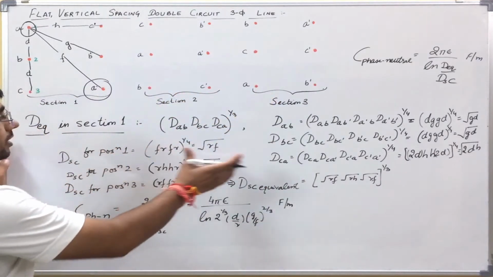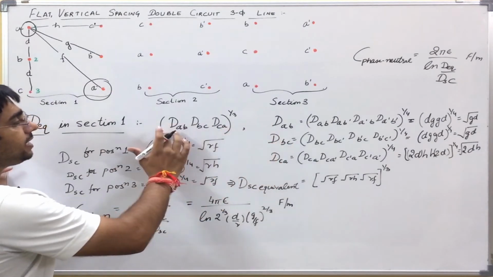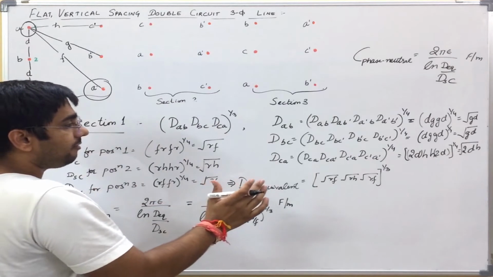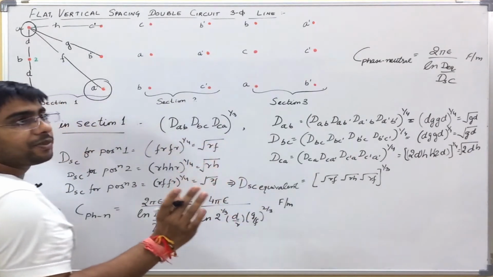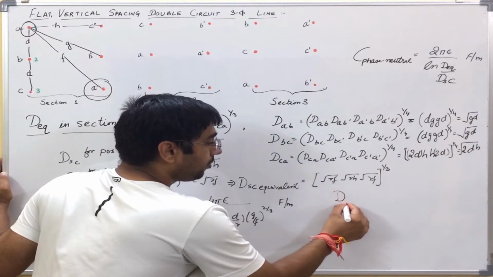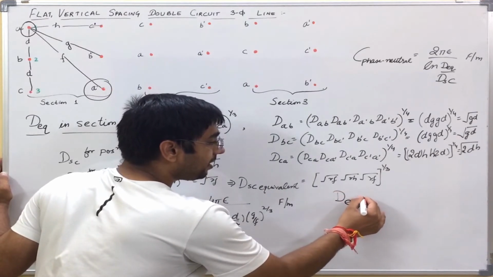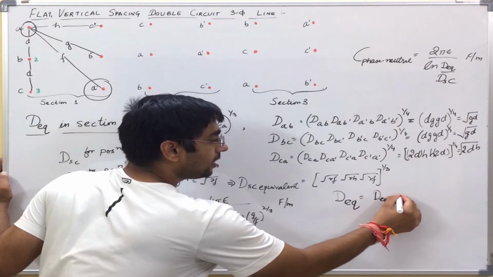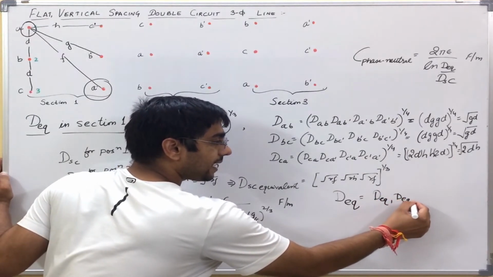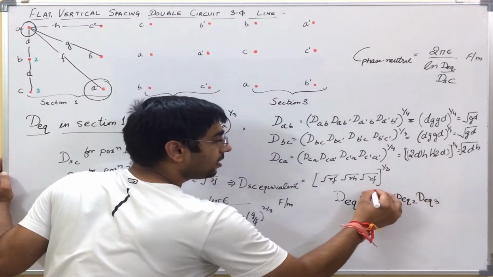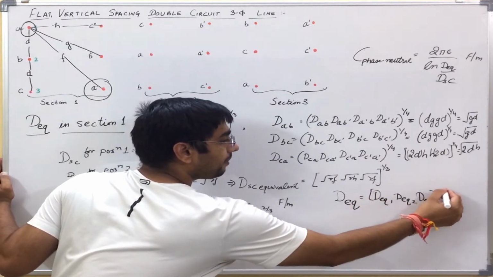That is, if I put the value of DAB, DBC, DCA in this formula, I will get the D equivalent value same in all three sections. So D equivalent for all the sections can be written as D equivalent in first section, D equivalent in second section, D equivalent in third section, raised to power 1 by 3.